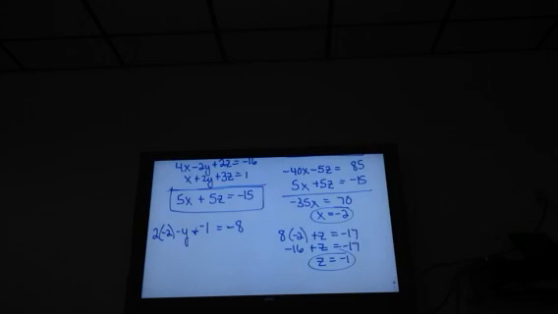So negative 2 minus y minus 1 equals negative 8. Put your numbers together here. Negative 3 minus y equals negative 8. Add 3, so negative y is negative 5, and divide, and y is a positive 5.